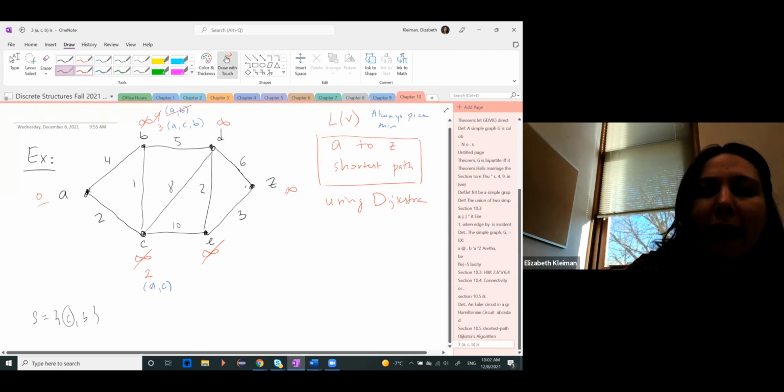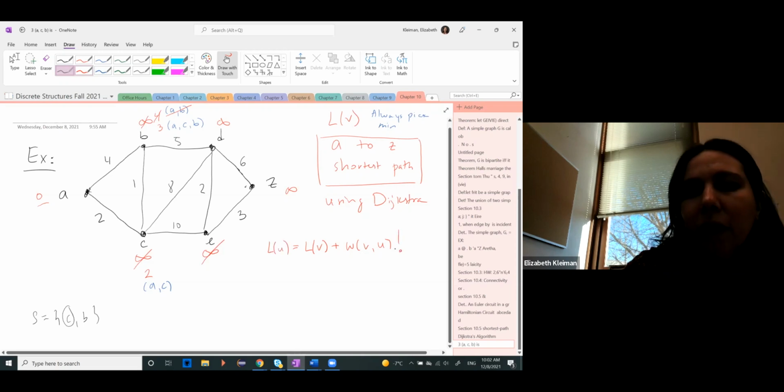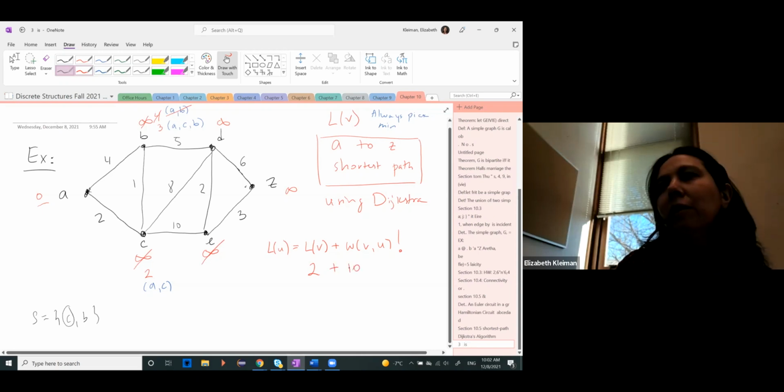We are going to do L of V plus weight of edge from V to U. So we have 2 plus weight, which is 12.